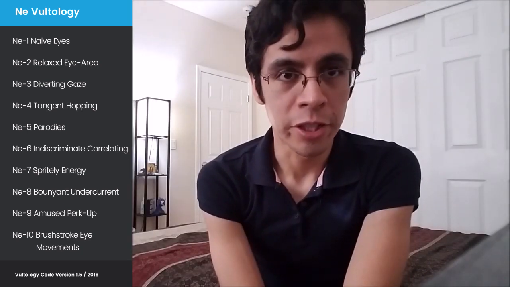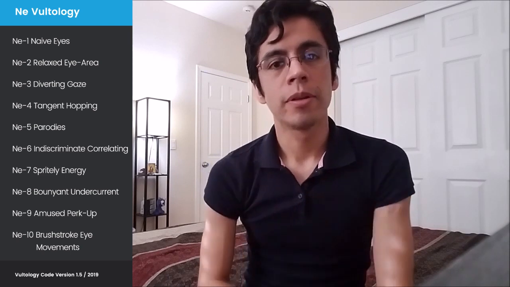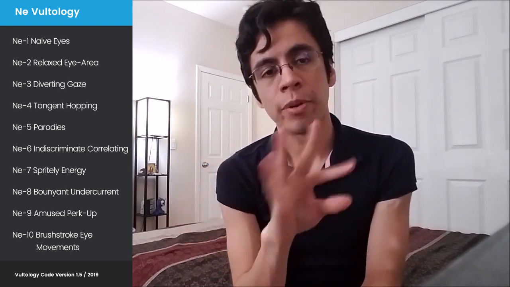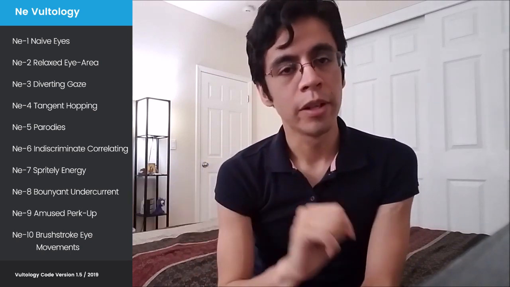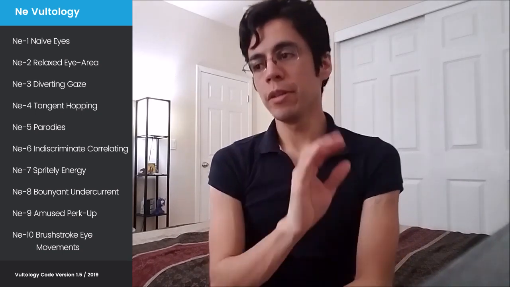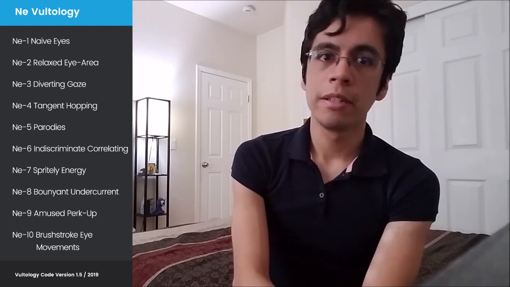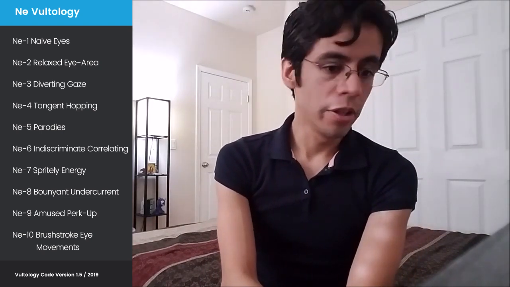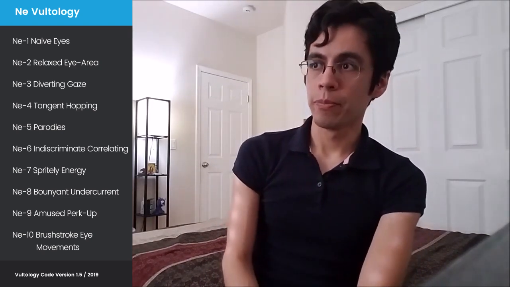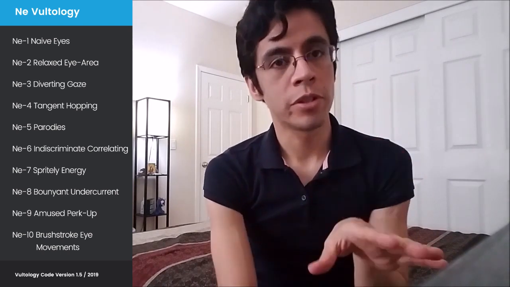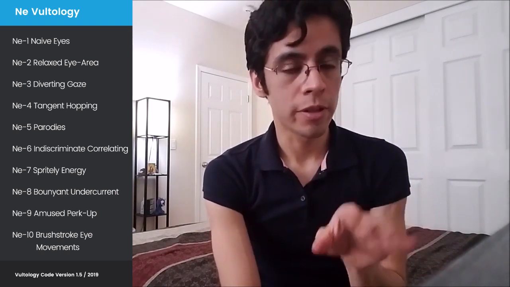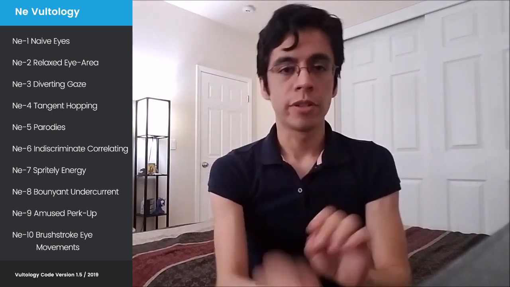NE3 is a diverging gaze. So this is different from the brushstroke toggling, which we'll get to later. But diverging gaze refers to just basically the tendency to move your direction of focus around. This is in opposition to SE's tunnel focus. So these are counterparts.